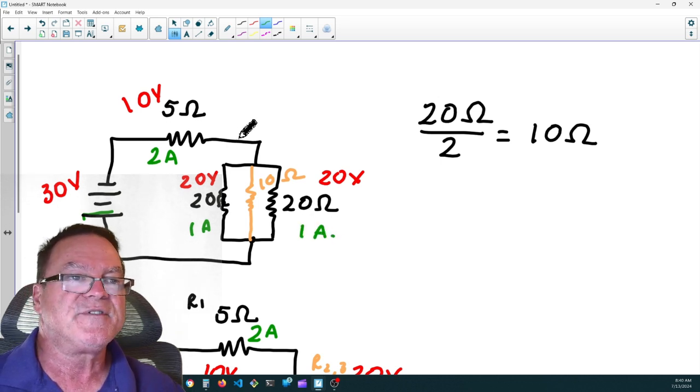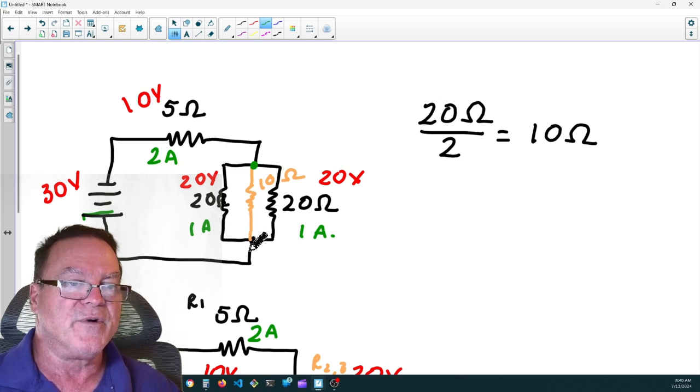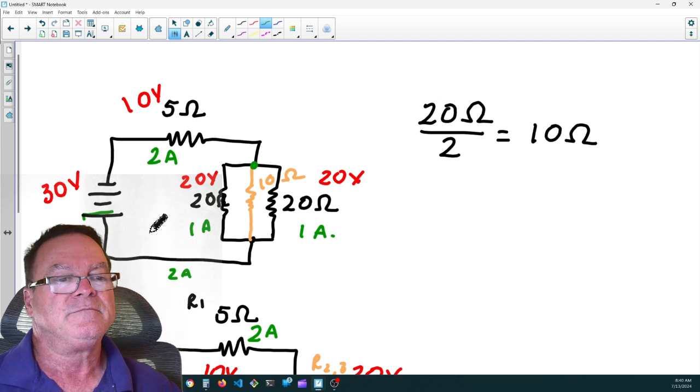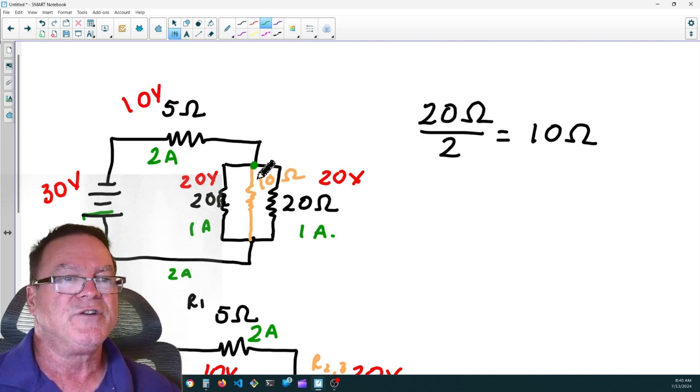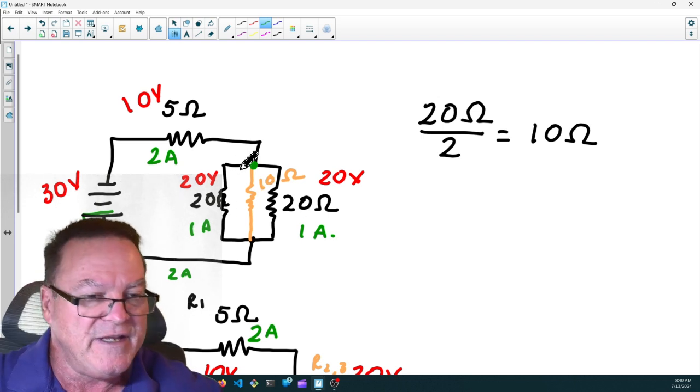So this 2 amps of current splits when it gets to this node, and 1 amp went through R2, and 1 amp went through R3. And then they combined, we had the same 2 amps going home back to the battery. Okay? That's how you would solve for voltage drops and current through the individual resistors in that circuit.